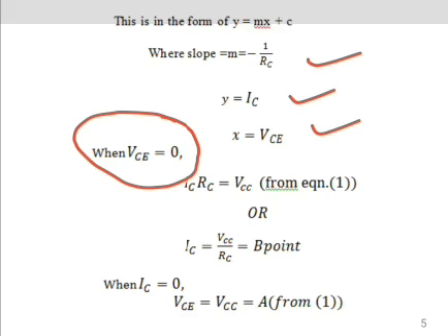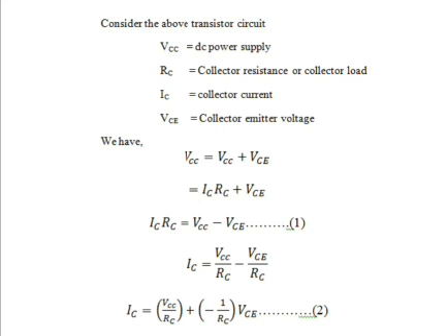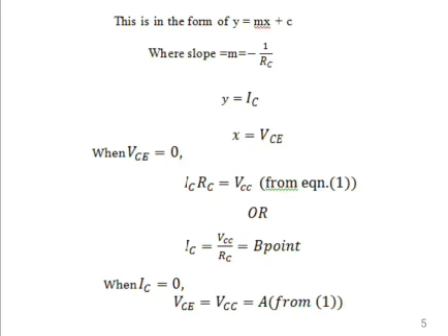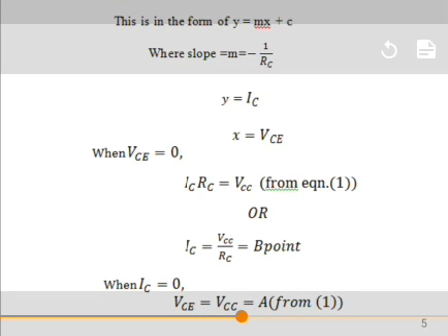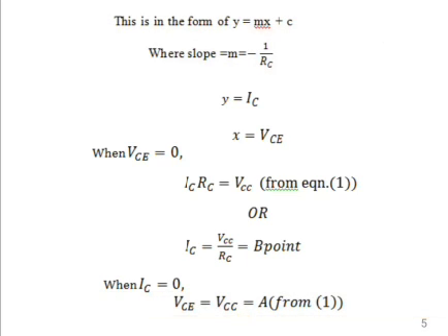When VCE equals 0, IC into RC equals VCC from equation 1, or IC equals VCC divided by RC, that's equal to point B. When IC equals 0, VCE equals VCC, that's equal to point A from equation 1.